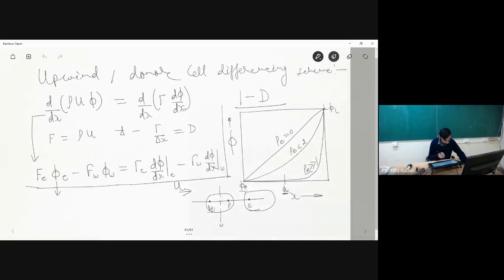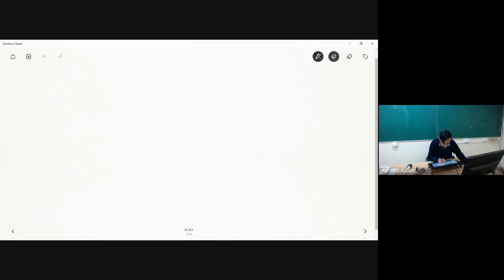So let me now draw first my grid points. Say this is my node point P. This is my node point capital W. This is my node point capital E. So here I will have small w as one face and small e as another face, and flow is taking place in this direction.